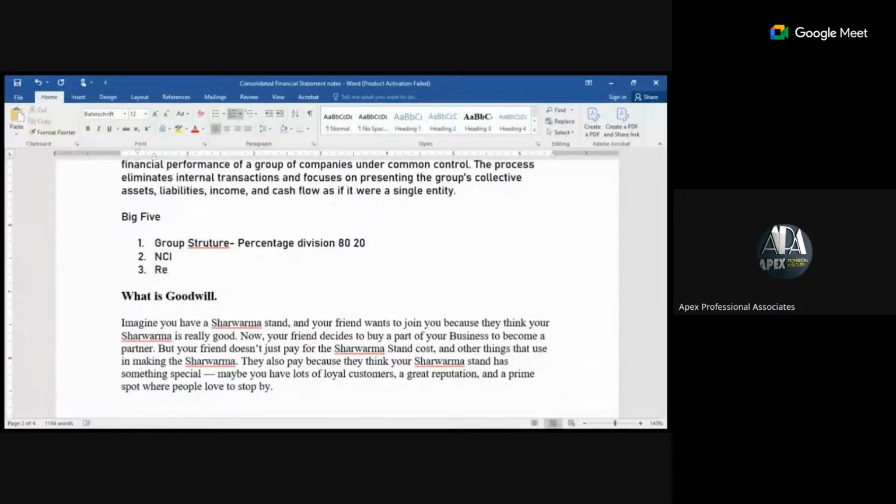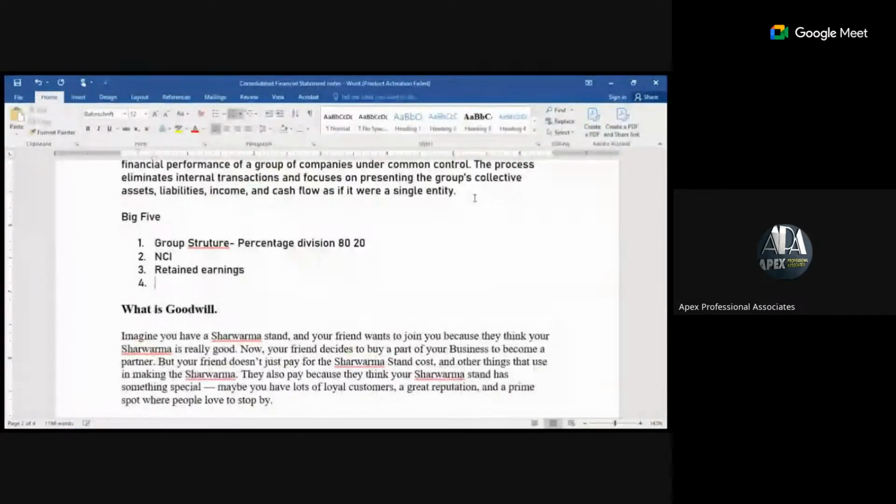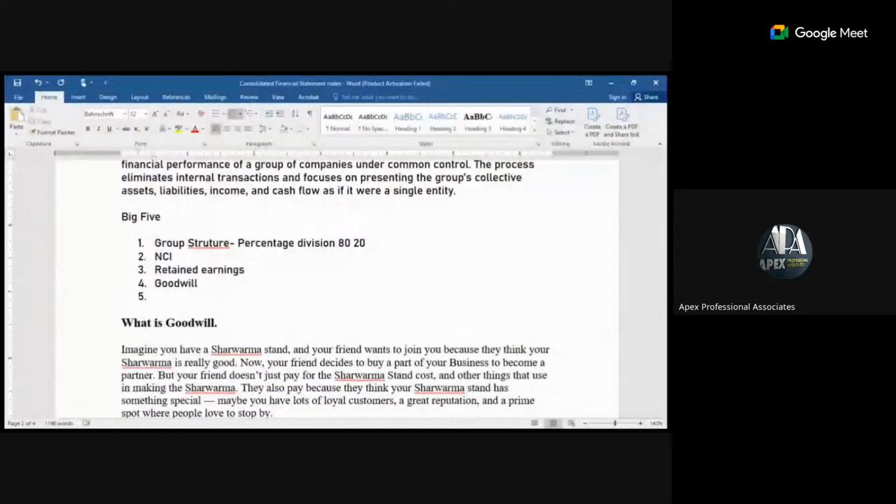Then the next thing you have to understand is the NCI, the non-controlling interest. We'll talk about the retained earnings. Talk about the goodwill. The group structure, the non-controlling interest, the retained earnings, the goodwill. It's important, the goodwill.